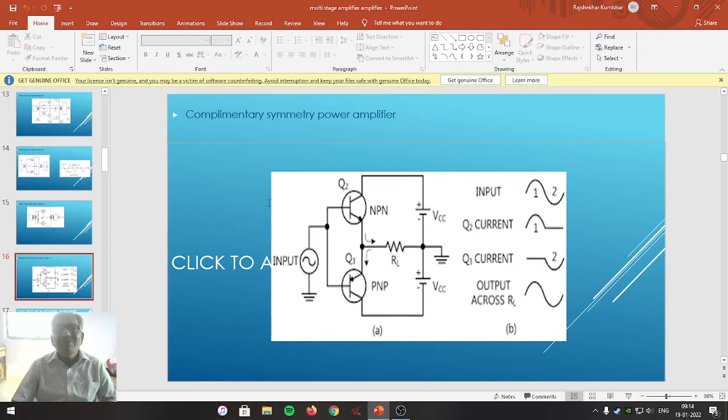Such a complementary symmetry power amplifier consists of, let us see its construction, two transistors. As per this diagram, Q2 is an NPN transistor and Q3 is a PNP transistor.